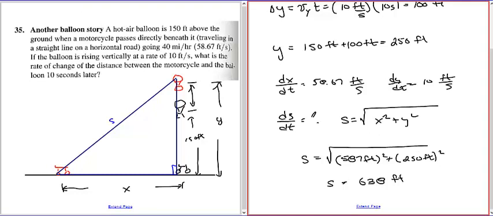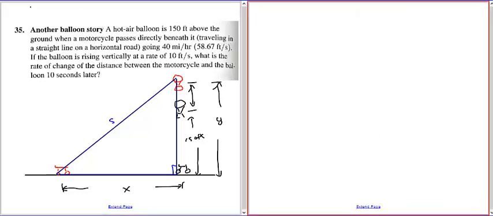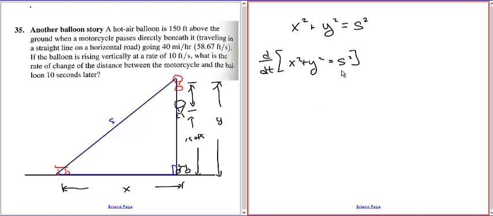Now the equation for the rate of change is the Pythagorean theorem. In this case, x and y and s are all changing, but at any instant in time they're related by this equation: x squared plus y squared equals s squared. So that's our geometric relation. You take the derivative of every term with respect to t, and because they're all functions of t, they're x, y, and s, and none of them are constant, we're not going to get 0, so we're going to have terms involving every one of these.